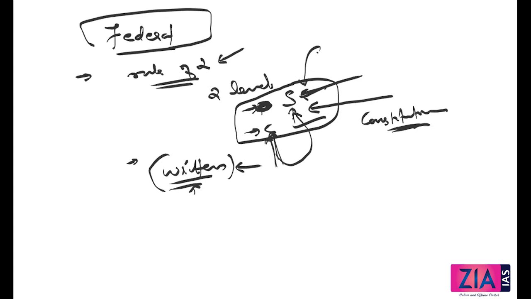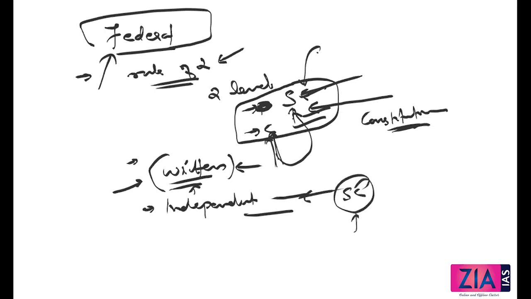So in a federal setup, it has to be a written constitution, and there should be an independent judiciary to enforce it. Any dispute between the center and state, or between two states, goes directly to the Supreme Court, which is its original jurisdiction.